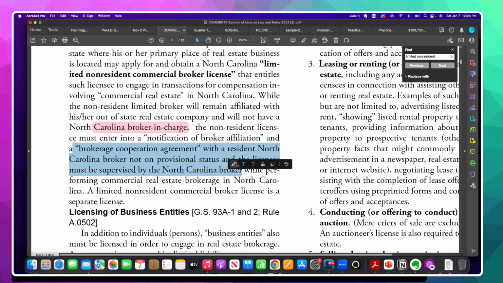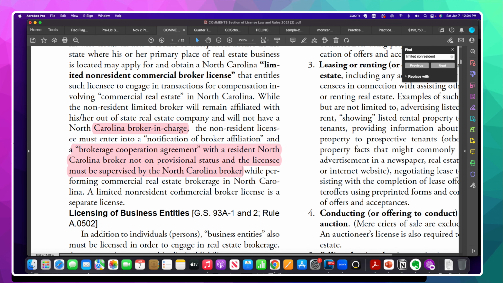Broker meaning anybody who has a license in commercial, right? They could just be affiliated. They don't have to be affiliated with the actual broker in charge of the firm, but with a broker who does commercial. And that person is going to basically be their sponsor, so to speak, whose responsibility is making sure that out-of-state person follows the rules and laws properly. And it specifically says they will remain affiliated with their out-of-state company.